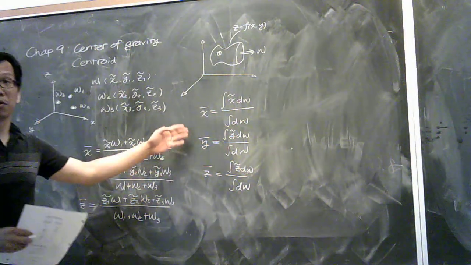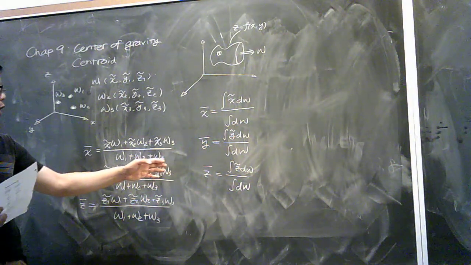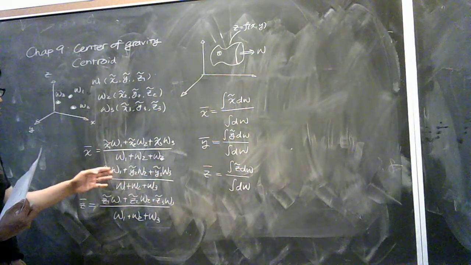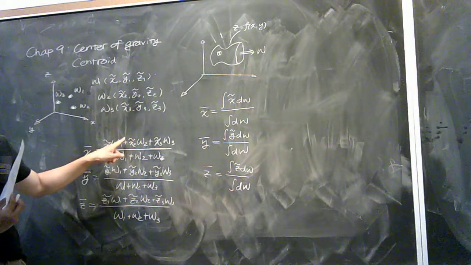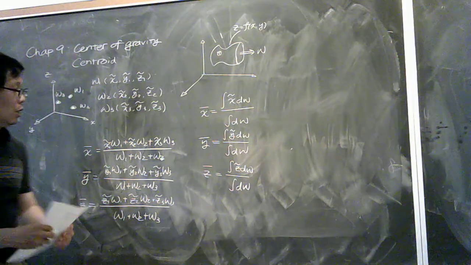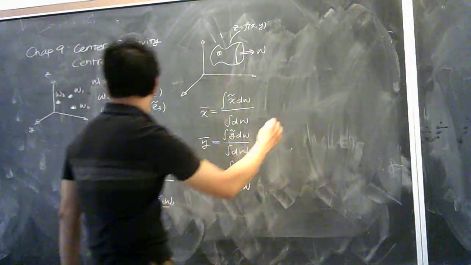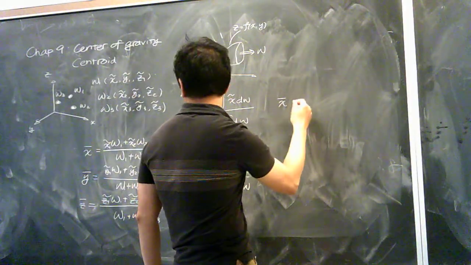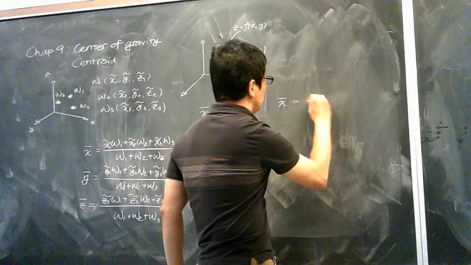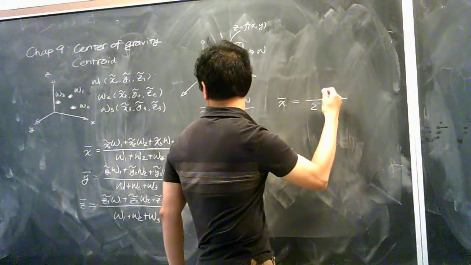Actually, those two sets of formula are identical. The only difference is we either use summation or integration, because over here we can always replace the formula with something like this.